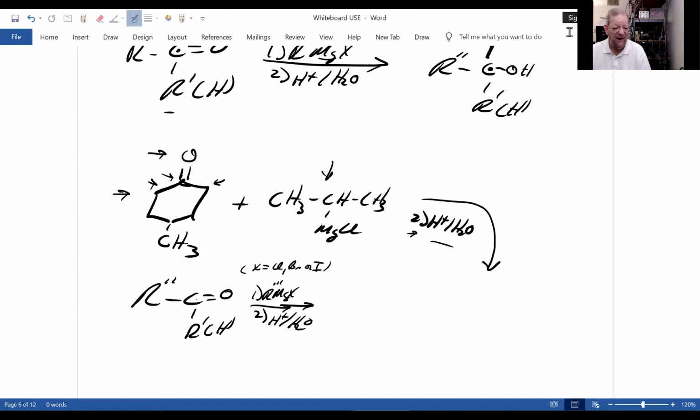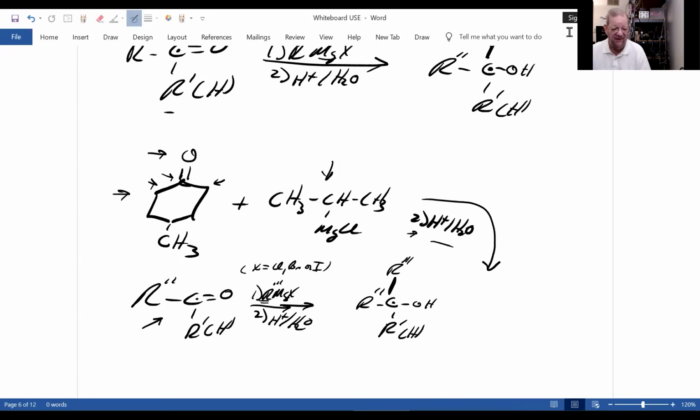And keep your eye on the carbonyl carbon. This carbon becomes an alcohol. What was attached to it over here is still attached to it. And now we form that special carbon-carbon single bond from the R group of the Grignard.